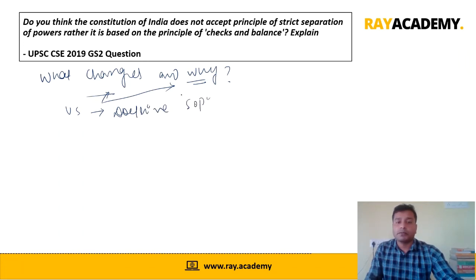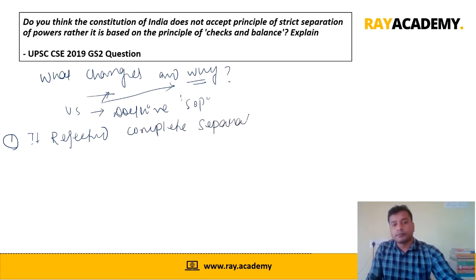Number one change: it rejected complete separation. Am I clear? So it rejected the complete separation. What do you mean by complete separation?